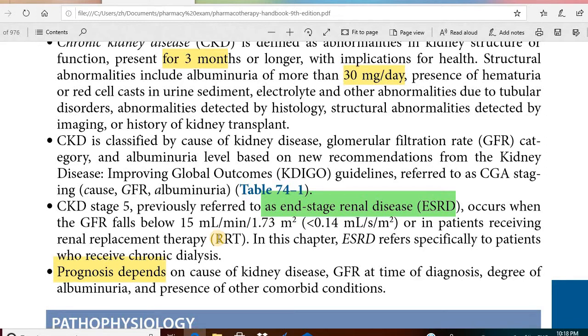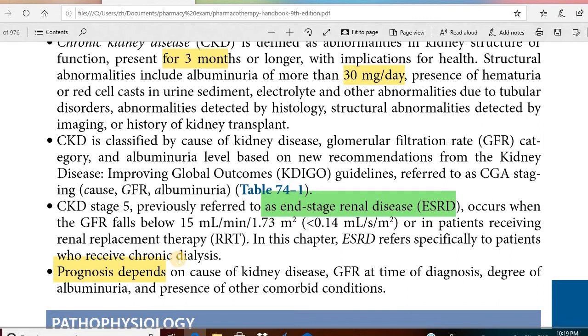When there is end stage renal disease, the patient will be receiving renal replacement therapy. So in this chapter, ESRD refers specifically to patients who receive chronic dialysis.